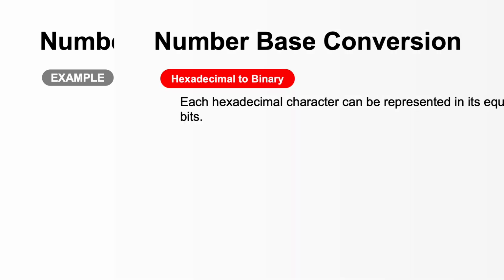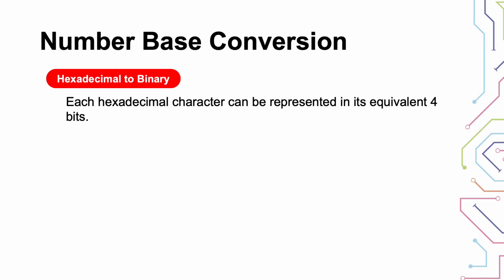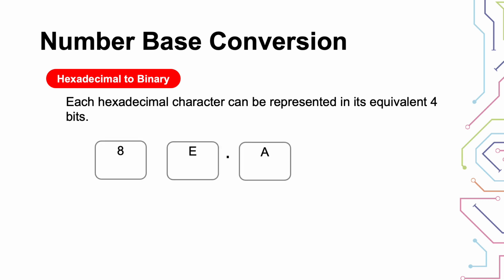Okay, so now for our hexadecimal to binary, what we're going to do is that each of the hexadecimal characters or digits, kailangan nimo lang siyang i-represent to 4 bits. For example, we have here 8 E dot A2, no? Unsa man ang equivalent ni 8 sa binary?